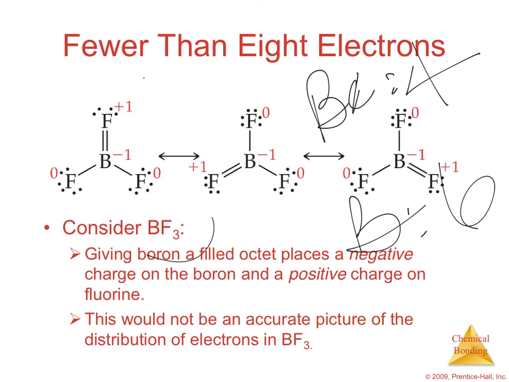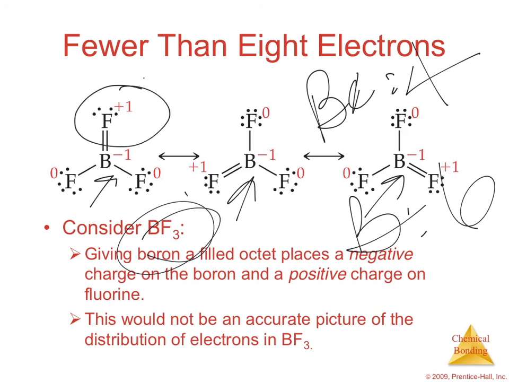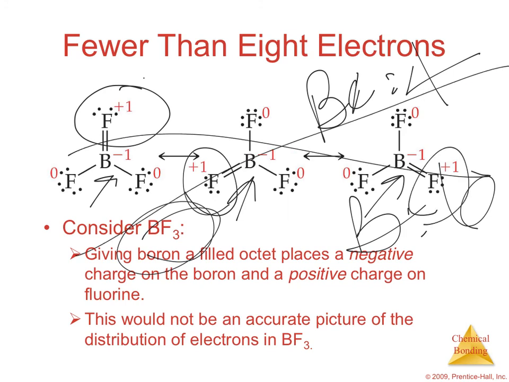So you had boron trifluoride and you tried to draw a Lewis dot structure. If you tried to force boron to have an octet like we've done in these structures, what happens is that fluorine ends up with a formal charge of +1, which will not happen. Fluorine is by far the most electronegative atom in the periodic table.